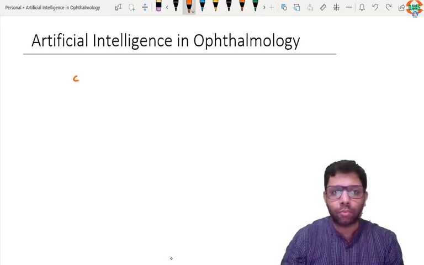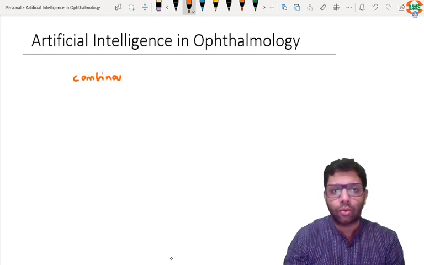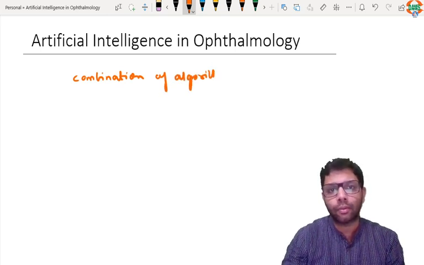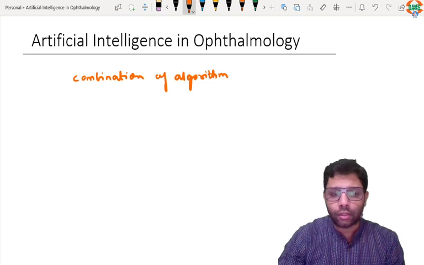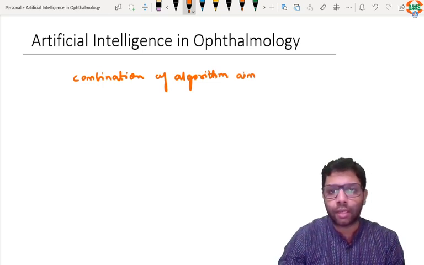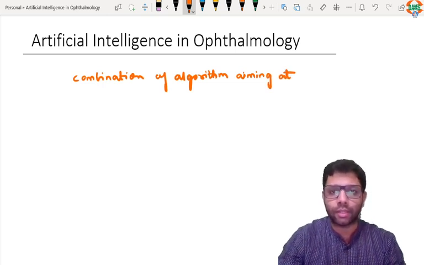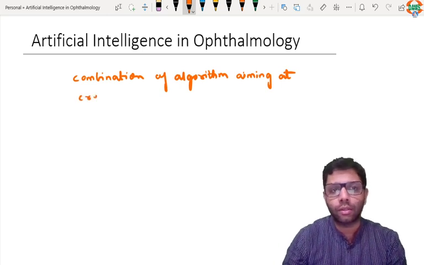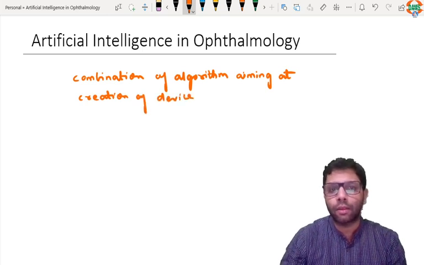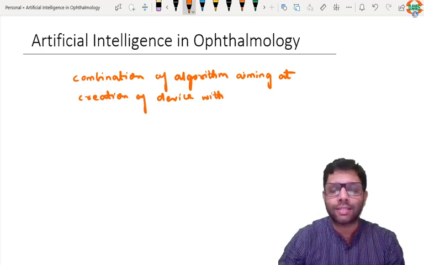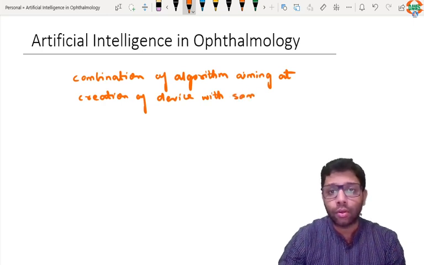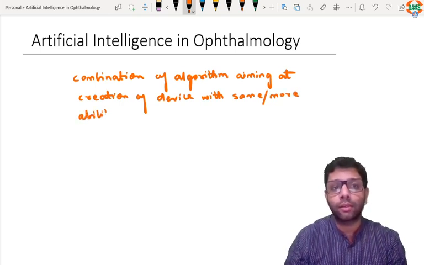It is a combination of some algorithms which are created in such a way that they are aiming at creation of a device or a machine which has the same or even more ability than humans.